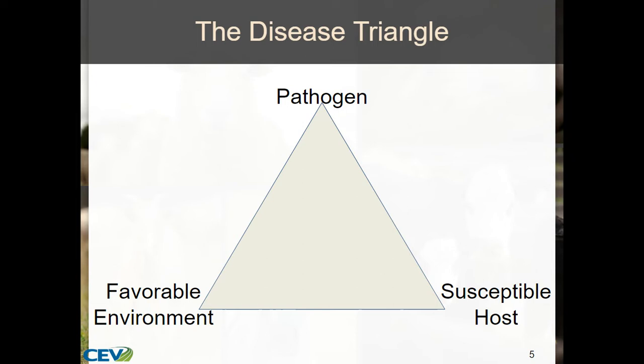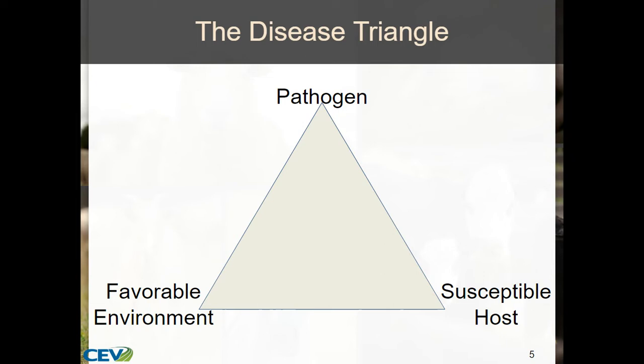We have to have a susceptible host, aka an animal that's capable of getting this pathogen and becoming ill due to its influence. And then we also have to have an environment in which the pathogen is able to live and multiply and thus come in contact with the host. If we don't have these things, we don't have some diseases, what we call transmissible diseases, those that can be passed from one organism to the next.